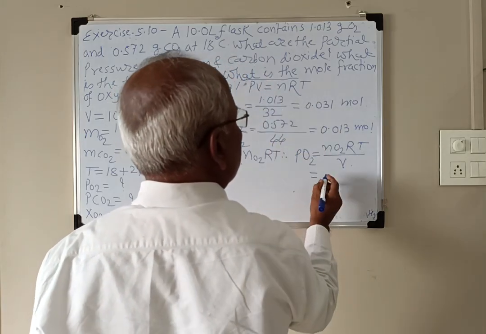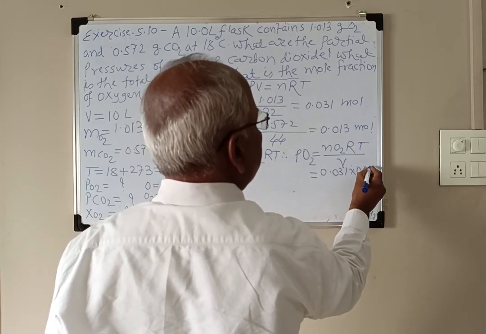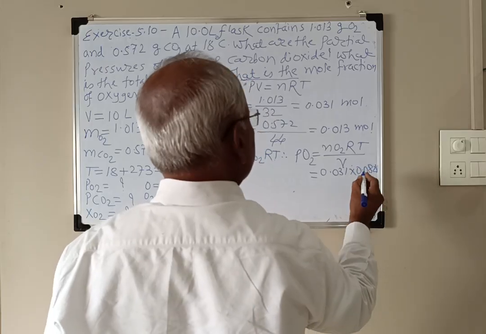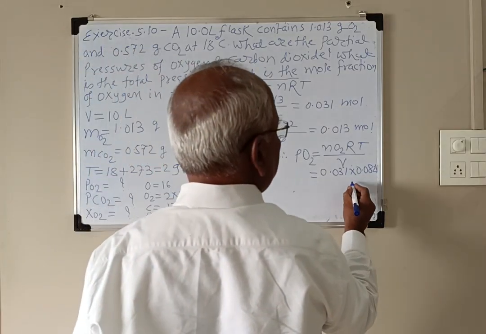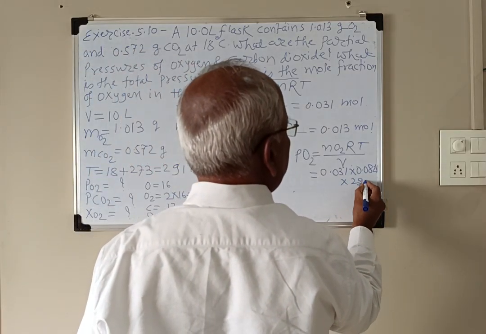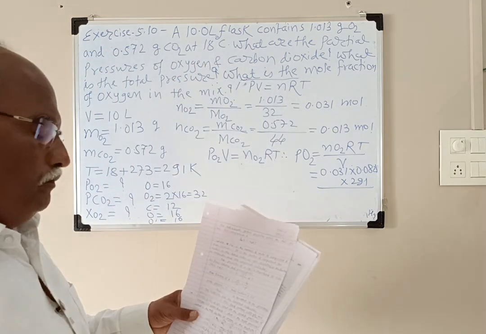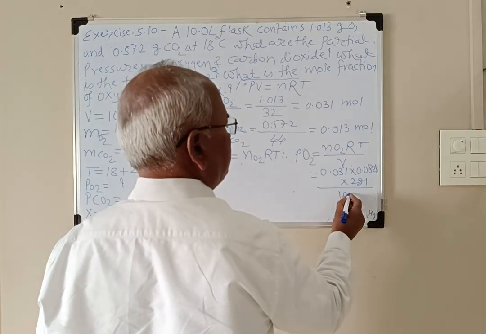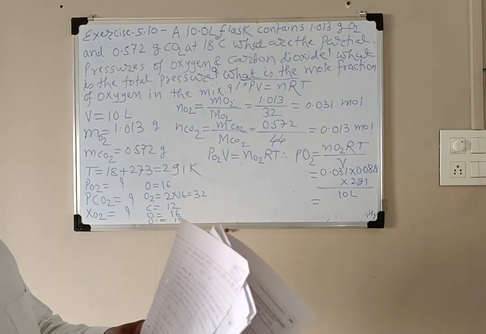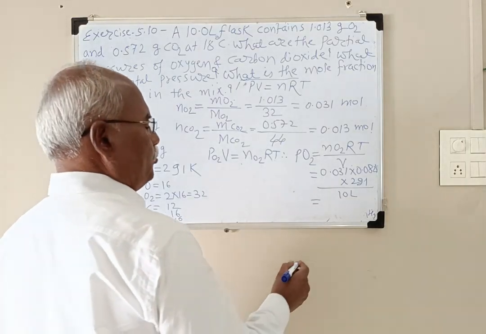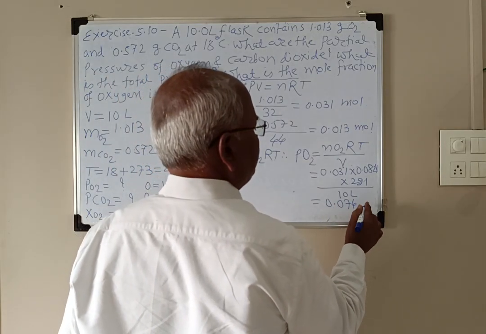Number of moles of O2, 0.031 into 0.0821 into 291 divided by volume 10 liter. That is equal to. Simplify this. The answer is 0.074 atmosphere.